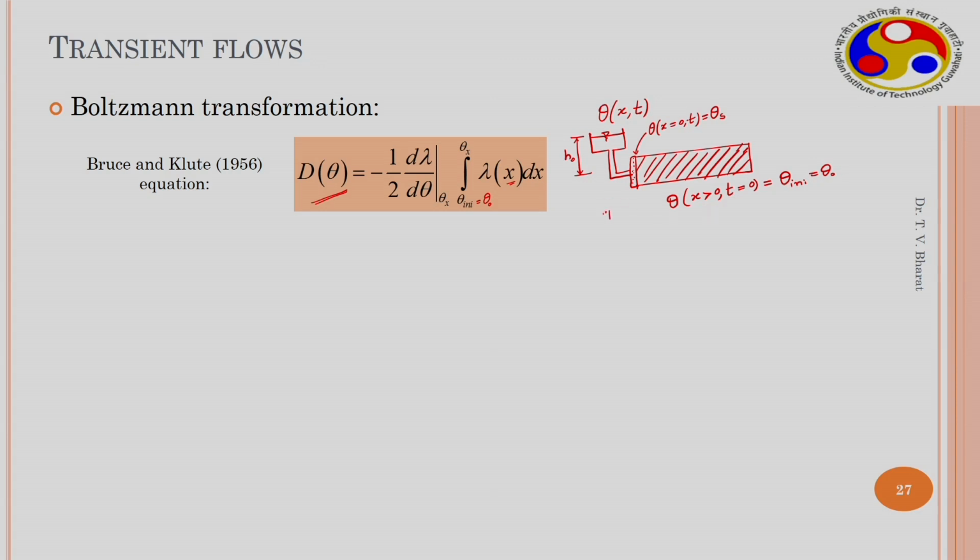This is the initial condition. And this is one boundary condition, the inlet boundary condition, and the other boundary condition is theta at x equal to infinity. At any given time, this is invariant.